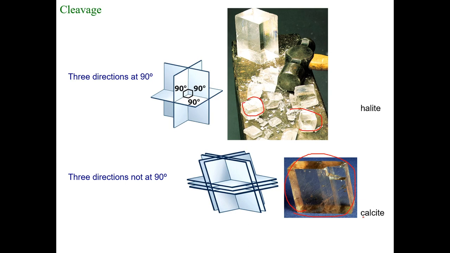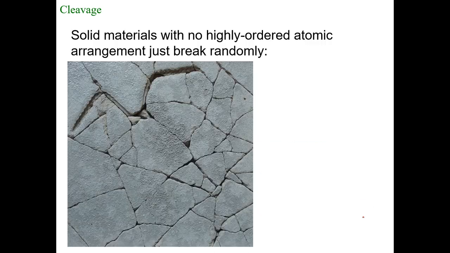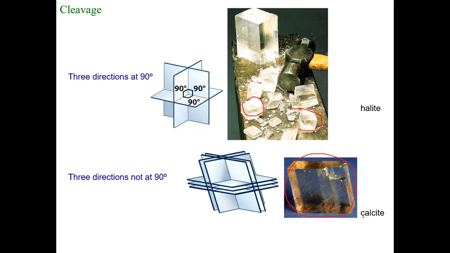Some minerals just break along certain planes more easily, and it has to do with that repeating atomic crystalline structure, highly ordered structure. Now compare that to something like concrete. If you hit concrete with a hammer, it's just going to break and crumble randomly like a cookie. There's not going to be any pattern to the breakage. See how there's a pattern to the breakage here?